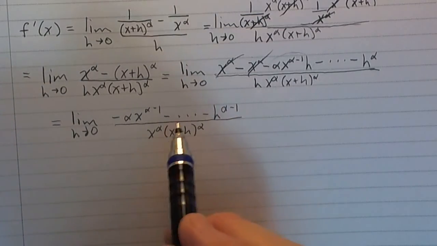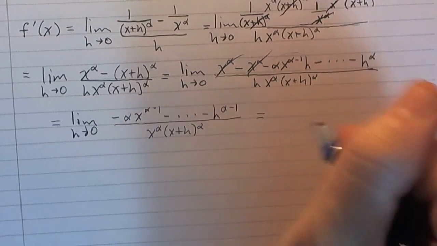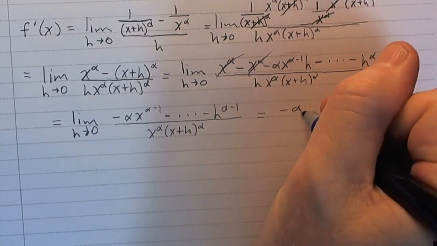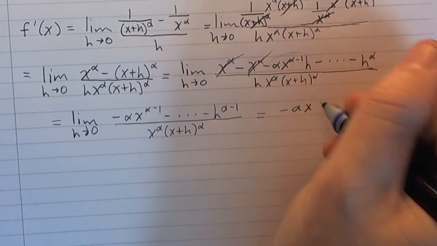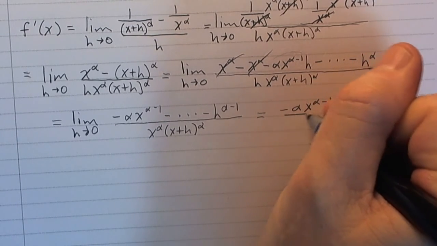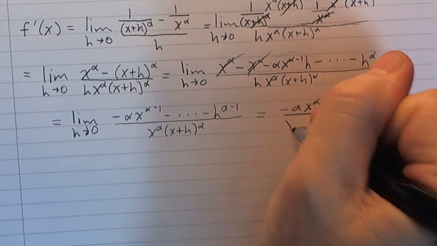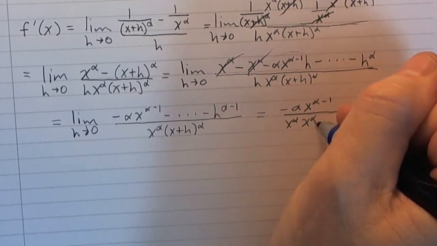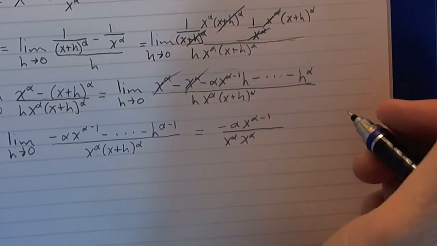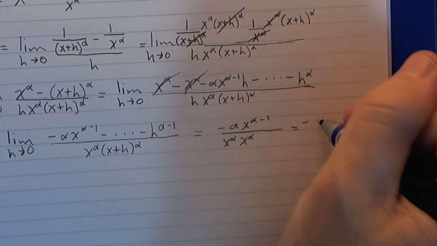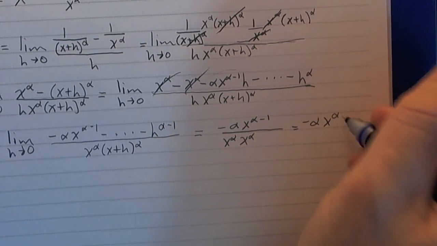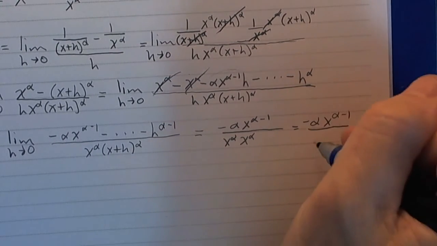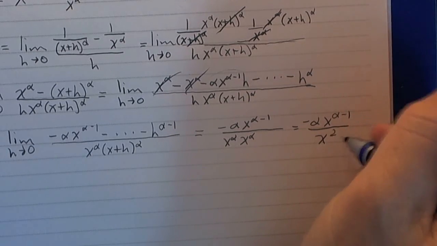So I just let h go to 0, and here is my derivative, negative alpha, x to the alpha minus 1, all over x to the alpha, x to the alpha. In other words, what I get is negative alpha, x to the alpha minus 1, over x to the 2 alpha.